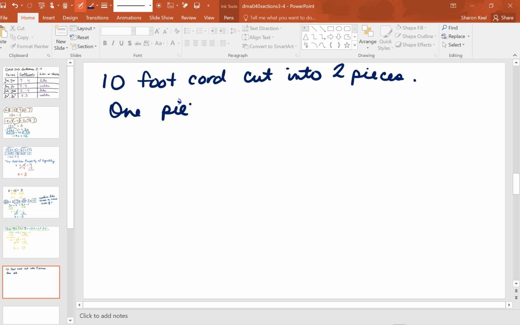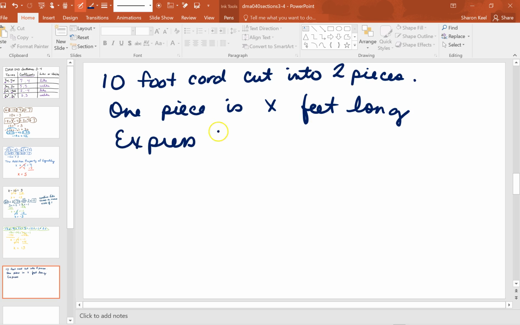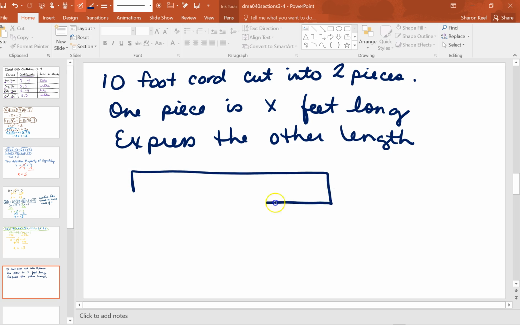One piece is x feet long. Express the other length. If you need to, sketch yourself a picture.